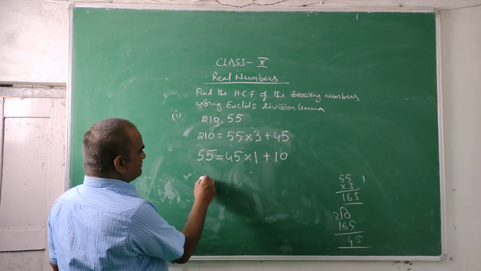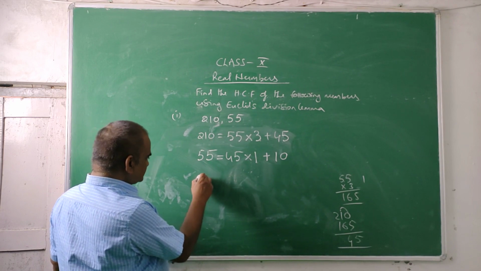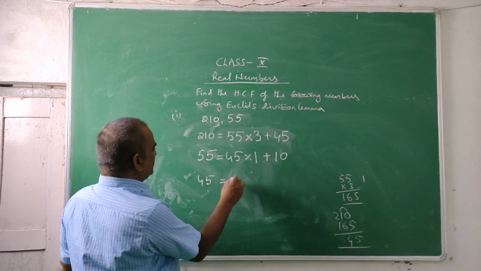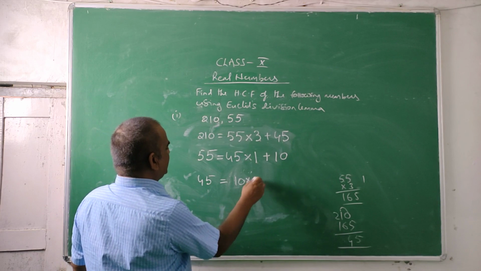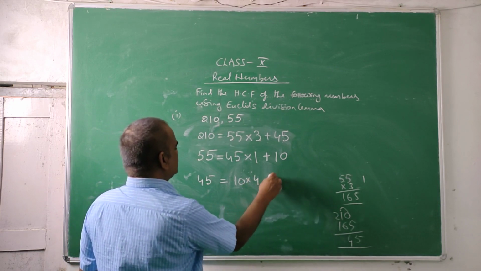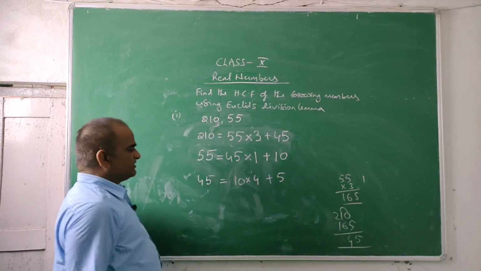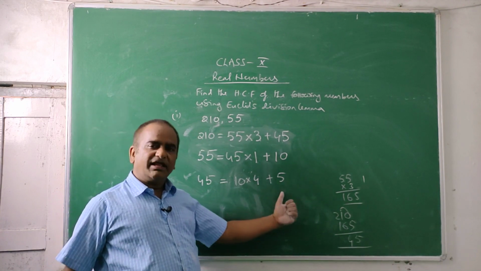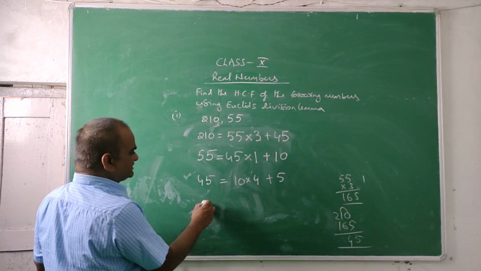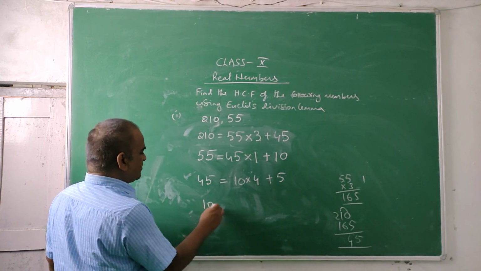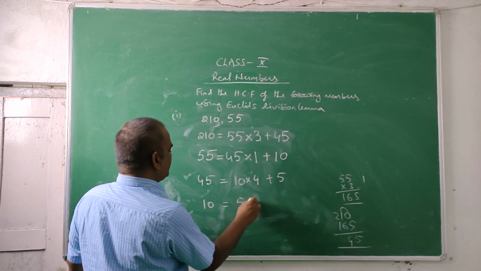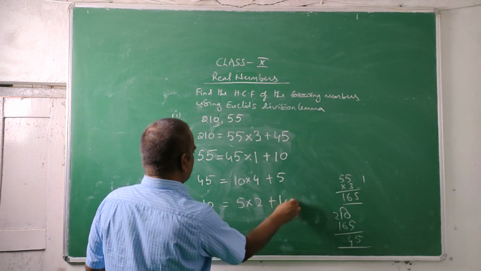In the next step, 45 is equal to 10 into 4 plus 5. Do you agree? Next, in the next step, 10 is equal to 5 into 2 plus 0.